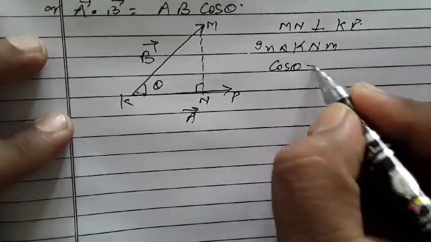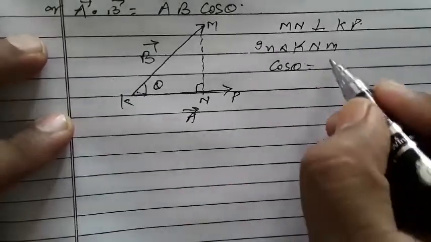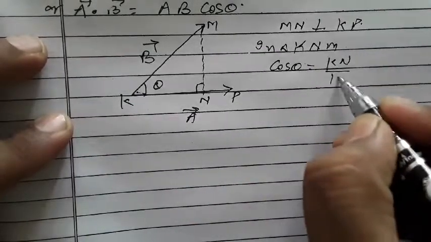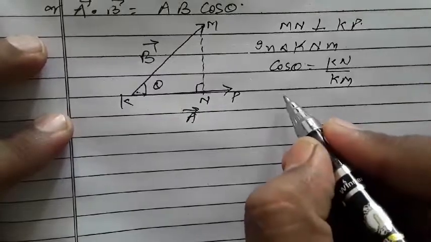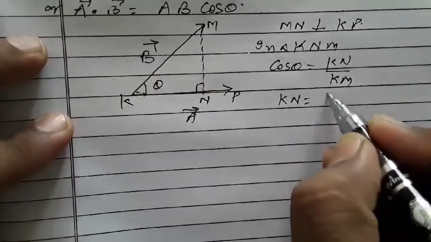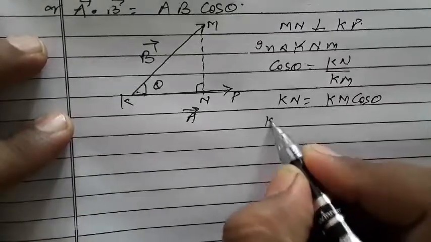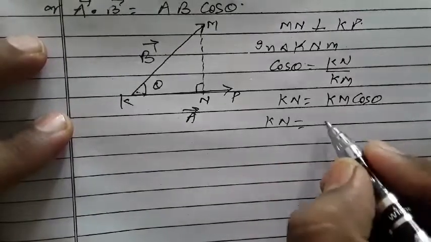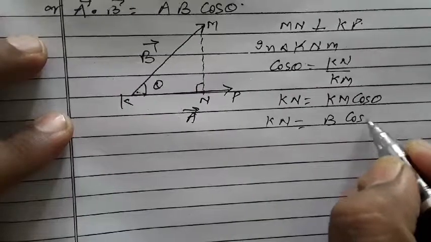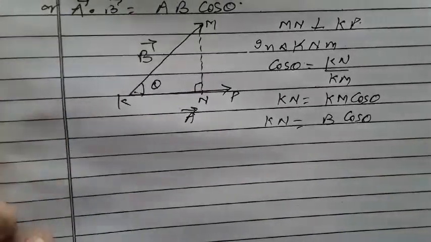Cos theta is base upon hypotenuse. Base is KN, hypotenuse is KM. So KN equals KM cos theta. KM is b, so KN equals b cos theta.